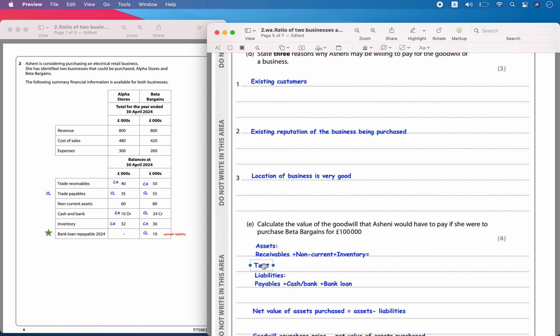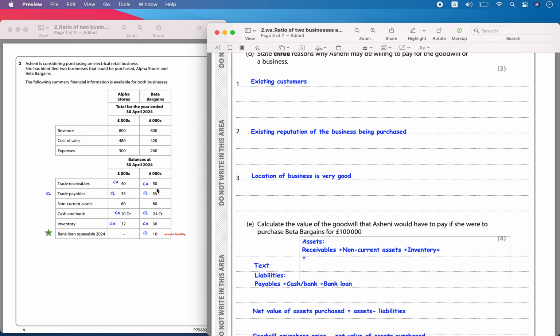The assets are receivables, inventory and non-current assets.